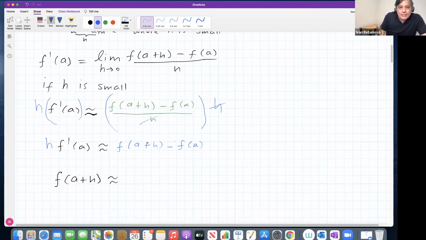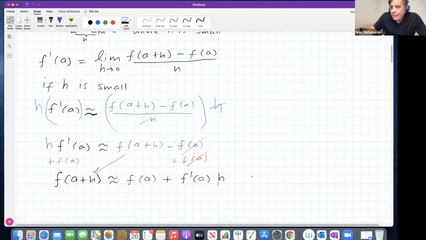Working this out further, meaning adding f of a to both sides, what do we get? That's f of a. Well, this is 0. This guy, which I have written here, is equal to this times the derivative plus f of a. Or equivalently, f of a, the evaluation at the base point a, plus the contribution of the derivative, h times f prime of a, or equivalently f prime of a times h.